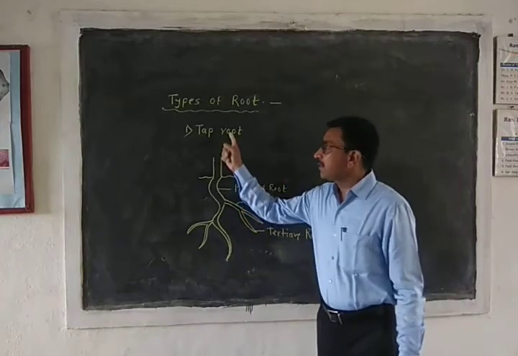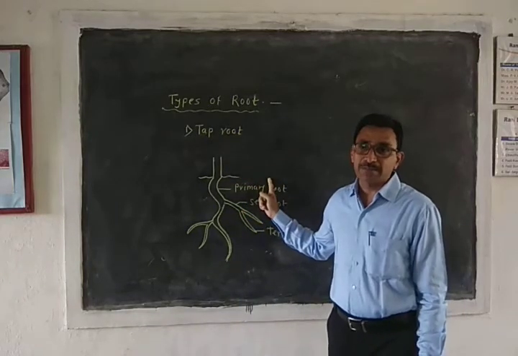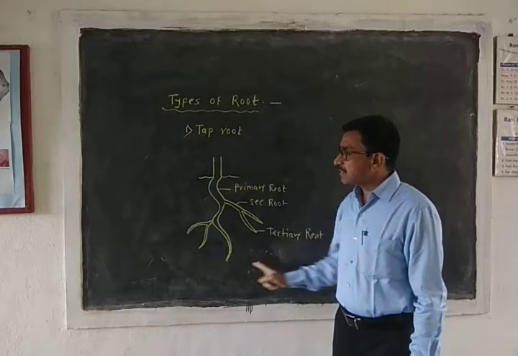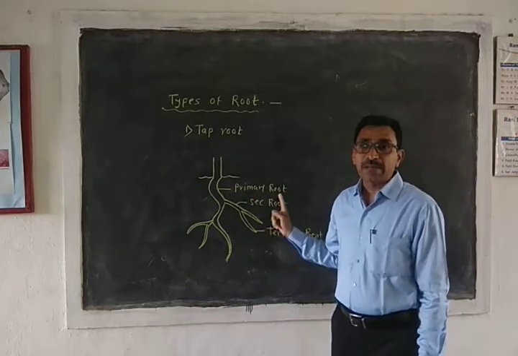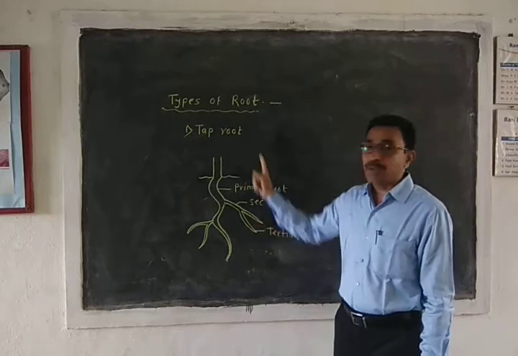Dicotyledon plant मध्ये काय असतं? Taproot system असते. लक्षात ठेवायचं. This is the characteristic feature of dicotyledon. That is the presence of taproot system.